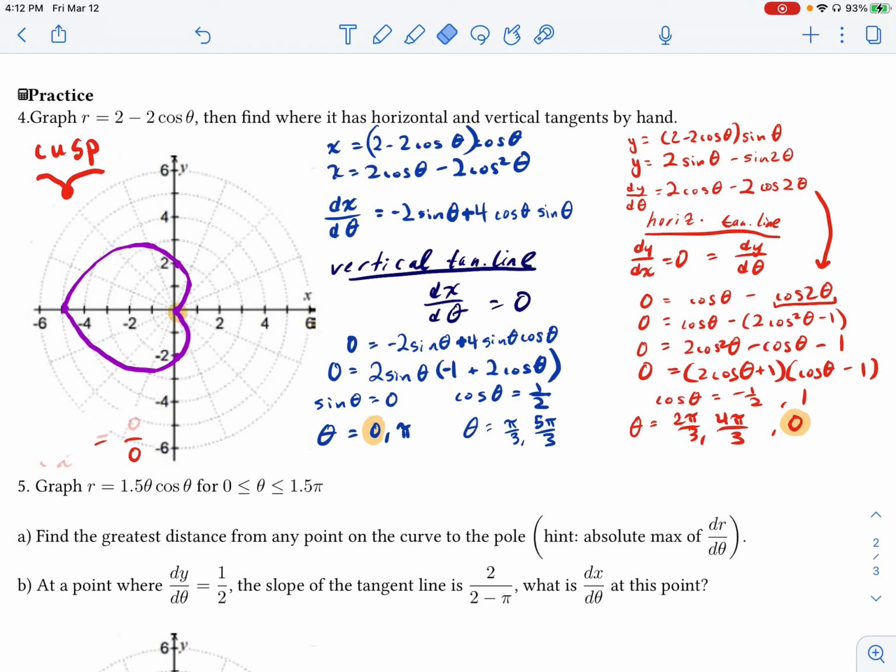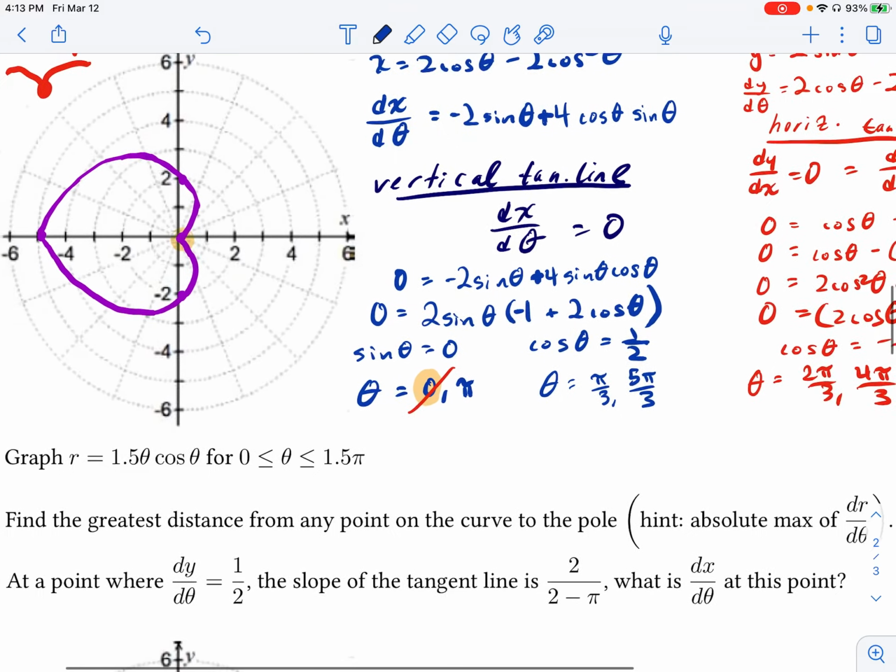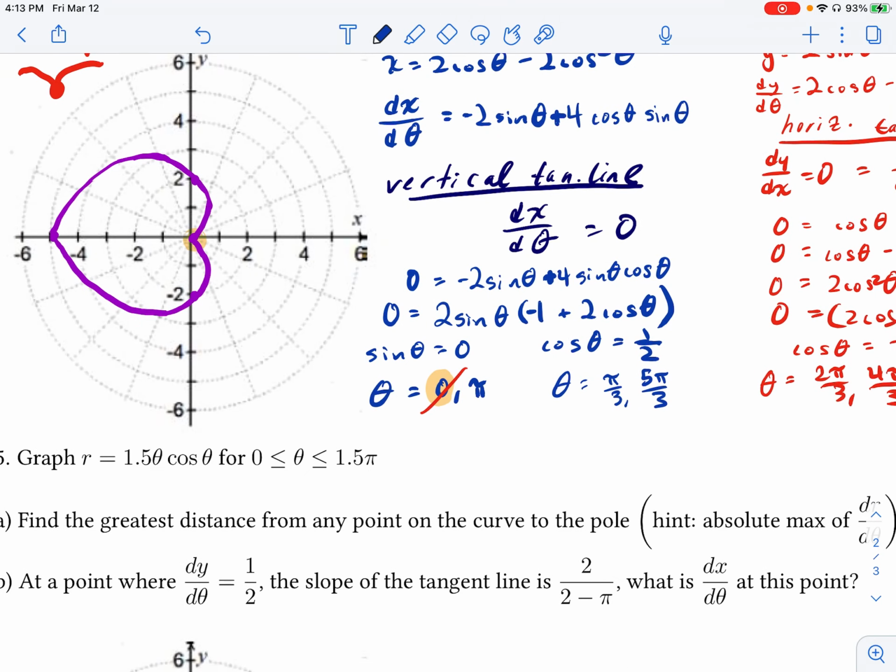We have a cusp there. In other words, a tangent line cannot exist there. So we would not include it in our list of places where there is a horizontal or vertical tangent line if there is no tangent line at all. So we are going to disregard that from our list. We don't need to think about those. Instead, let's just go into finding our points for pi, pi over 3, and 5 pi over 3.